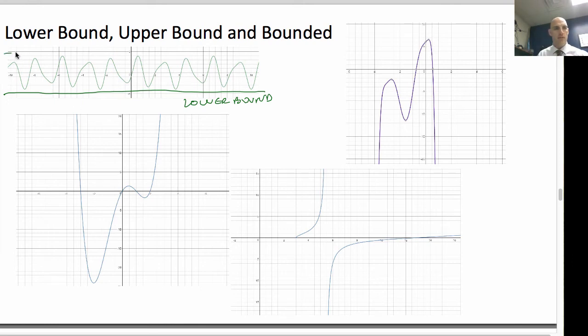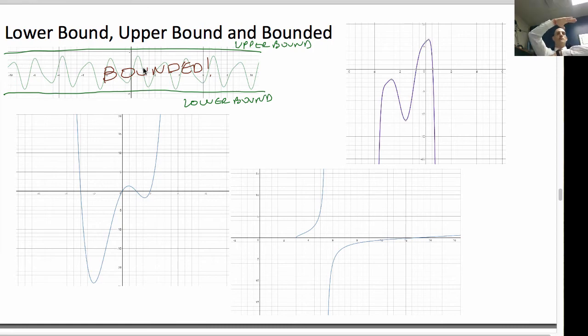If it has an upper bound, I can draw a line and nothing touches it. So there's a value at which the graph doesn't cross it. So it's kind of like it bounces between these two values. This one does. So this is an upper bound. So this one is bounded. It has to be. There's two values, doesn't matter what they are, which it's between.